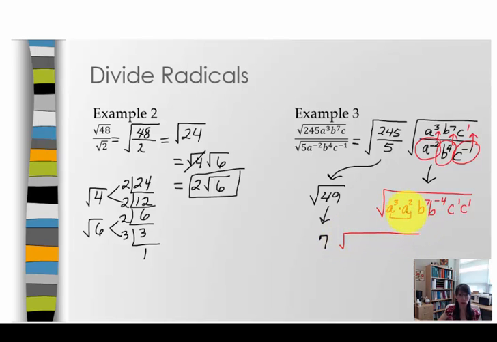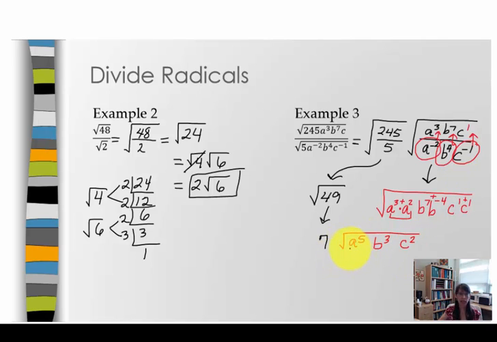So let's simplify what we have under our radical. This is the product rule now. A cubed times a squared means we're adding exponents to get a to the 5th. For bases of b, we'll have 7 added to negative 4, which would be b cubed. And for c, 1 plus 1, so we have c squared.